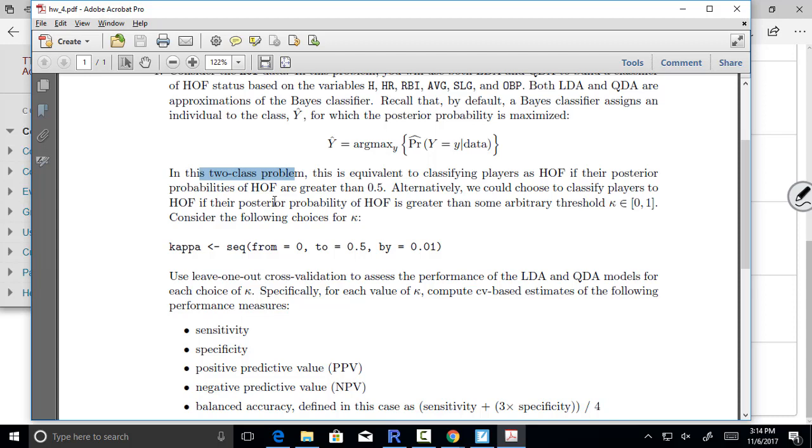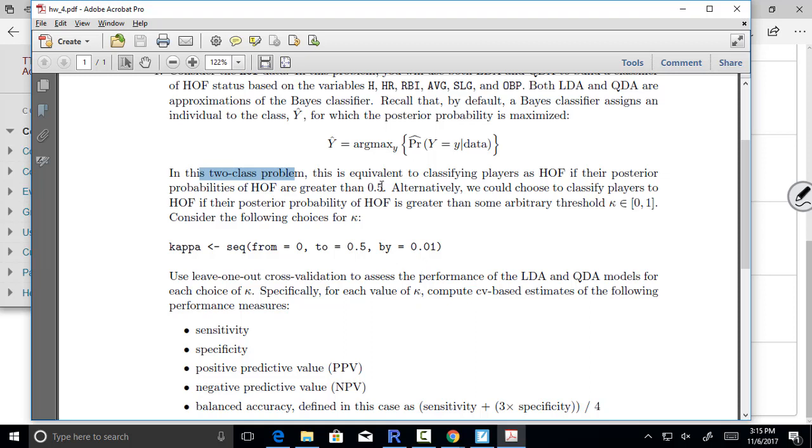If there's only two, one of them has to be bigger than 0.5, unless there's a tie, in which case flip a coin or something. But classify to the class that has the highest posterior probability, and with two classes, that means greater than 0.5. In R, when you use the LDA and QDA functions, that's what it's going to do by default.